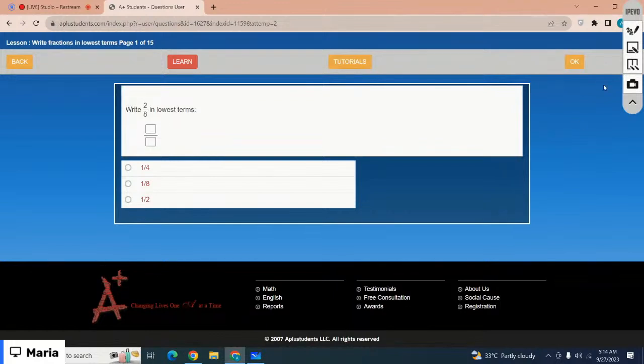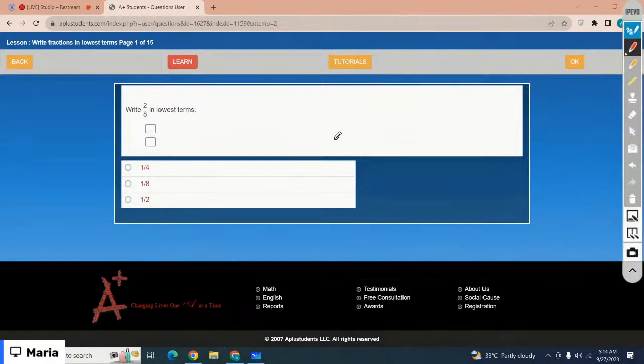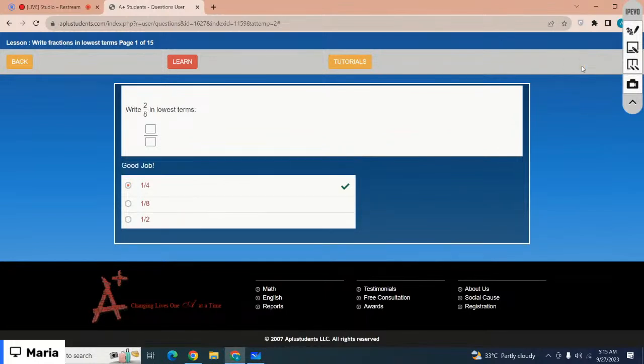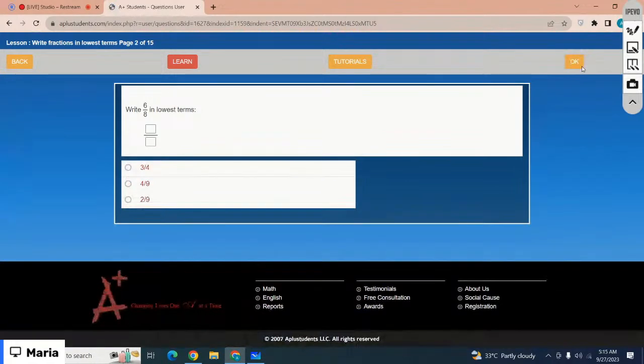Yes, 2 is common. Divide them by 2. 2 times 1 is 2 and 2 times 4 is 8. So the lowest term is 1 over 4. The correct option is 1 over 4.